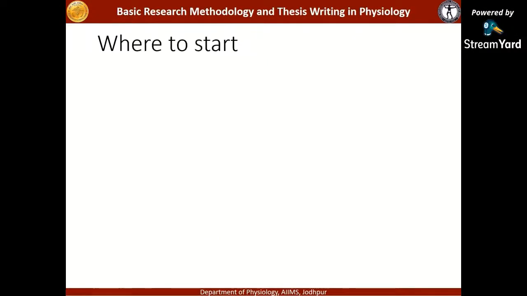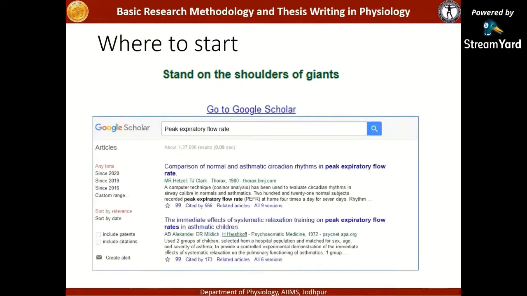Now, where to start? We have all gone to something called Google Scholar. Have you ever noticed the motto or theme? It's "Stand on the shoulders of giants." So, Scholar is an easy and convenient thing to start off.